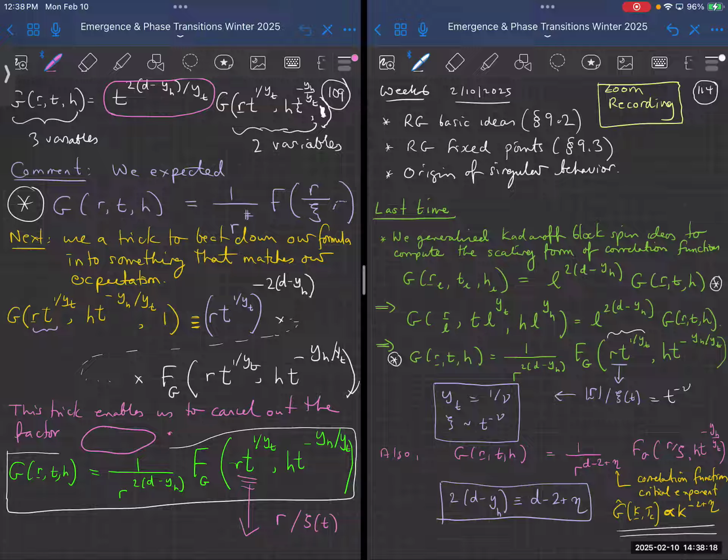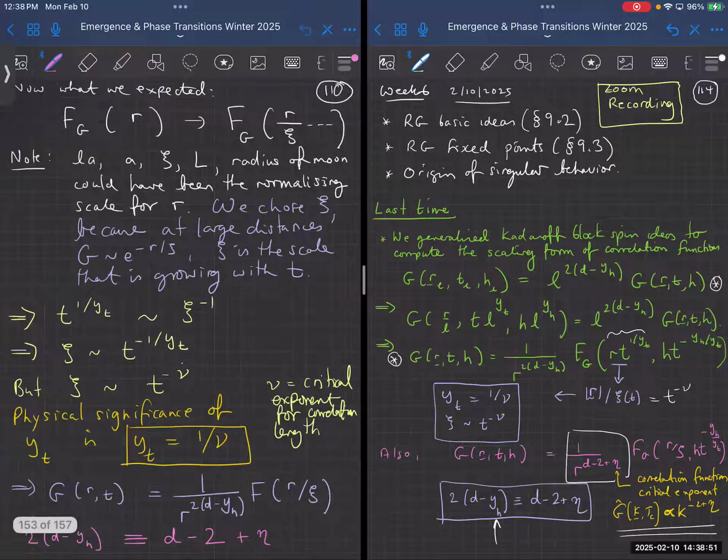Exactly at the critical point, the system is self-similar. All the correlations decay as power laws. The system is a fractal, and the critical exponent that tells you about the fractality of the system is called eta. When I take the inverse Fourier transform into real space, I get this factor over here at the front, and that factor we can identify with the exponent y sub h. So the interpretation of the exponent y sub h comes from that analysis.